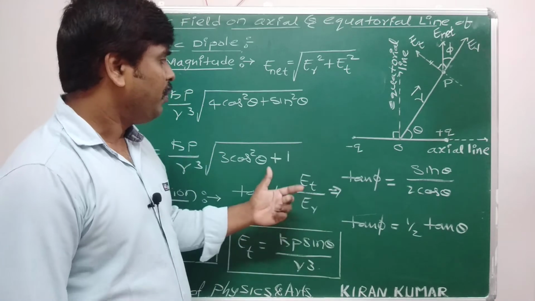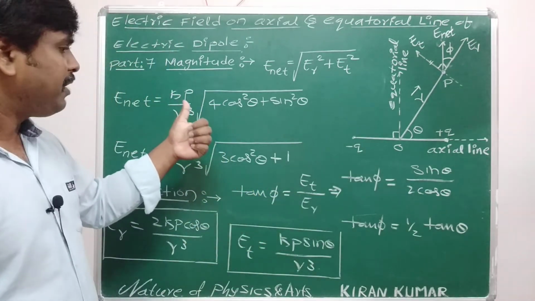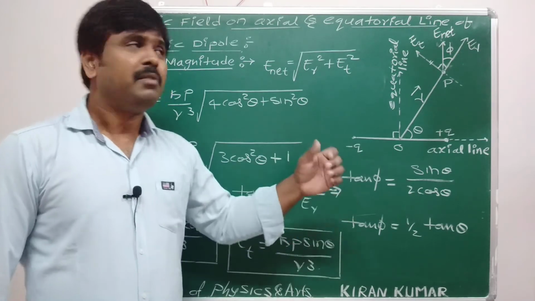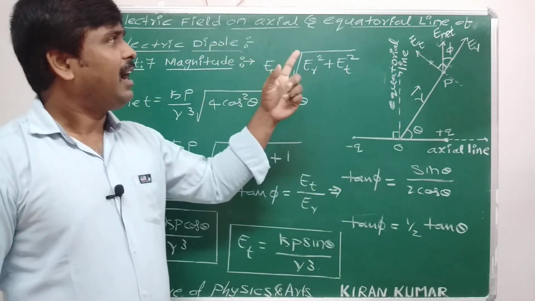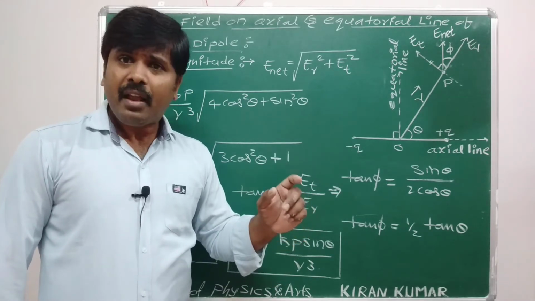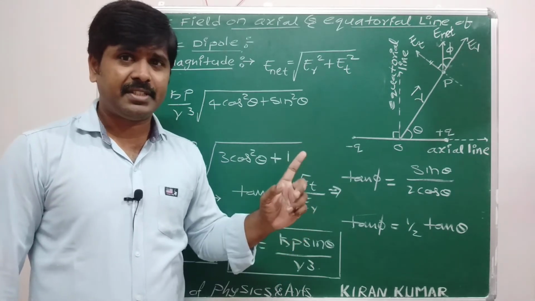Okay, so now we have the magnitude equation and direction equation. In the next step we will directly get the axial line and equatorial line electric field intensity of the electric dipole. Just a second, I will clean it.